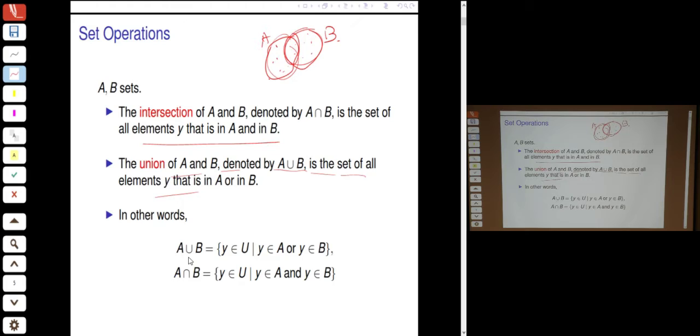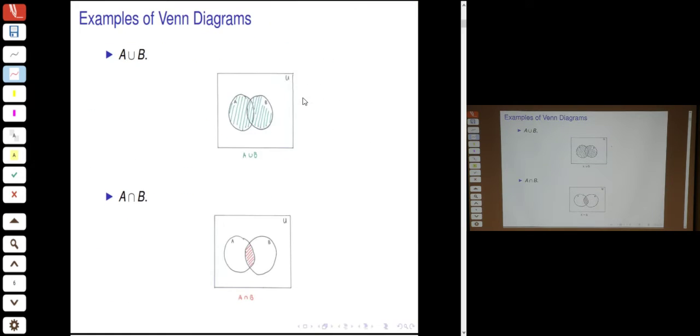So these are the notations. A cup B is A union B. It contains all the elements which are either in A or in B. A cap B is the intersection of A and B, so elements which are both in A and in B. These pictures bring us to the study of what are called Venn diagrams. It is natural to study sets like this.